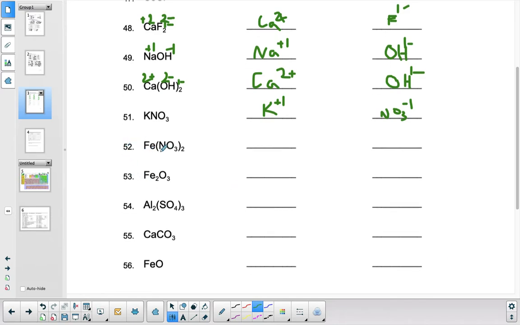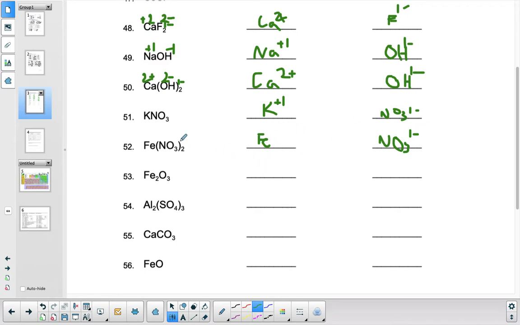So here we have iron. This is a transition metal, so we're going to have to do a little extra work. We know iron will go here, and NO3 will go here. And we just saw NO3 has a -1 charge. I wrote those backwards. So in order to figure out the transition metal charge, we need to solve backwards.